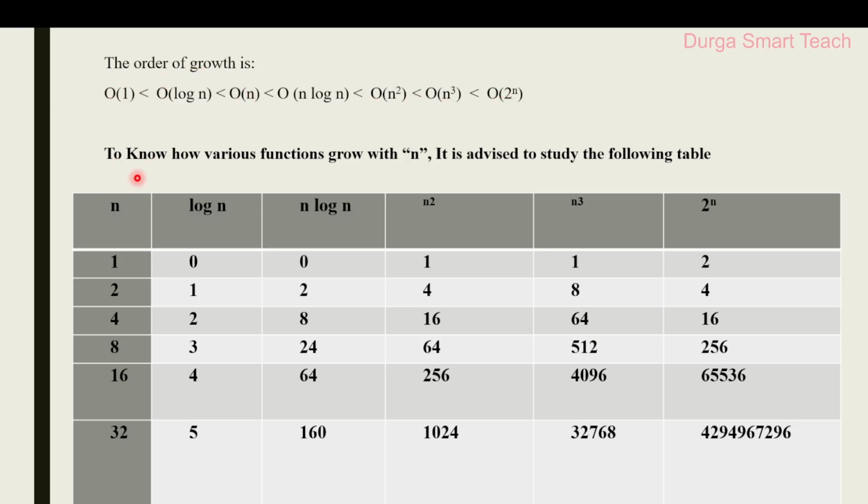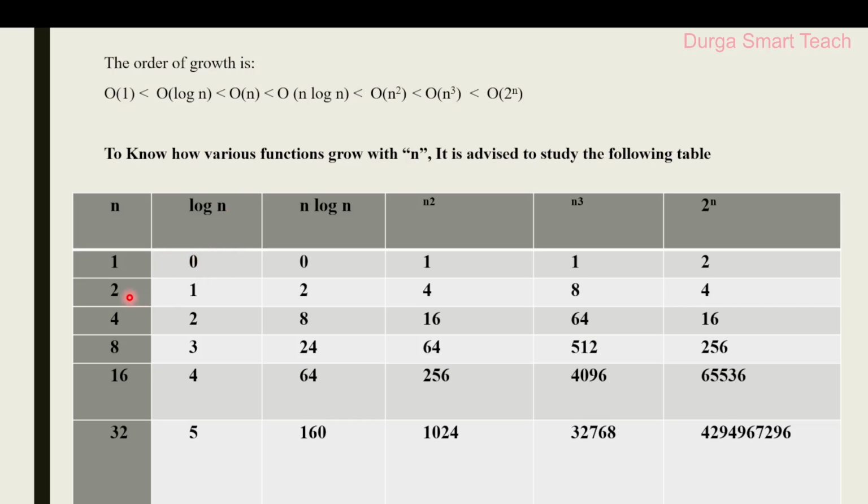Okay, to know how various functions grow with n, it is advised to study the following table. Here n is used to represent the number of inputs. For example, the number of inputs is 1. The log n is nothing but logarithmic, and for 1 input it takes zero amount of time.